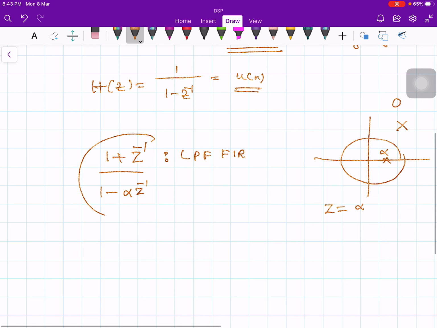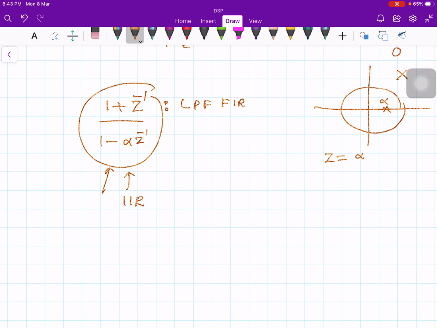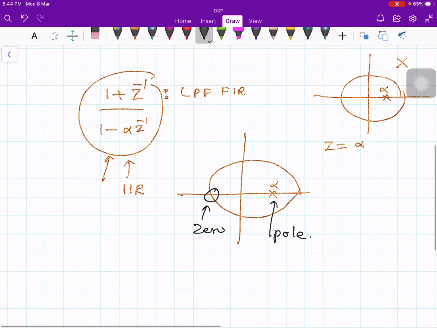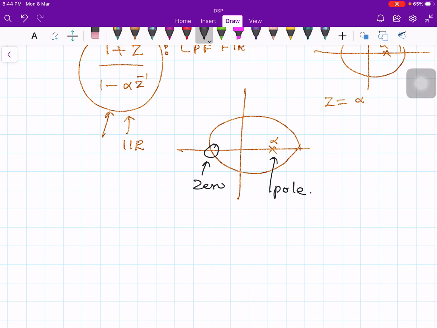Now if you take this on the whole, this is going to be an IIR filter, and this is the simplest one. If you plot the poles and zeros, you have a pole at alpha and a zero at z equal to minus 1. So we have introduced a zero at z equal to minus 1 and a pole at z equal to alpha.